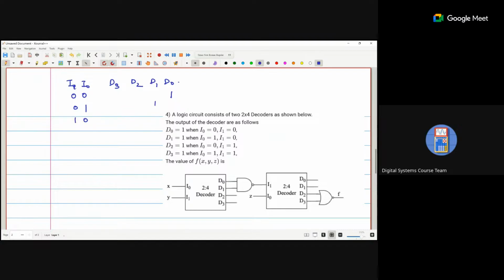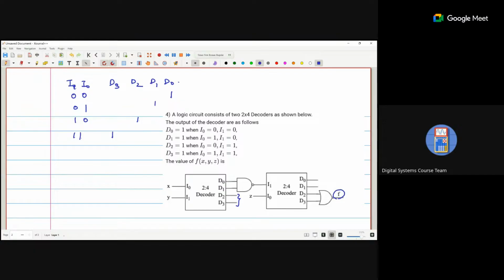If 1 0, D2 is 1, and if 1 1, D3 is 1. Now here you can see D2 and D3 are completely eliminated, so whatever value D2 and D3 take, it doesn't create any effect on F from the first decoder.